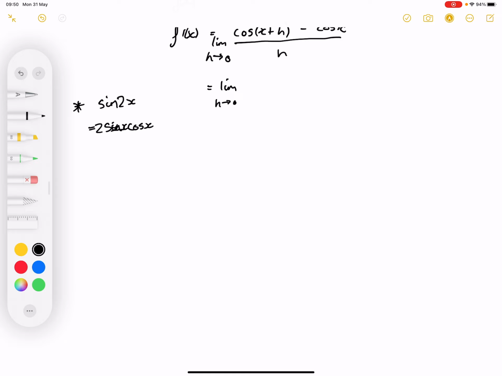And therefore you can split that up as sine x cos x plus sine x cos x. And that's how I remember the sine one.